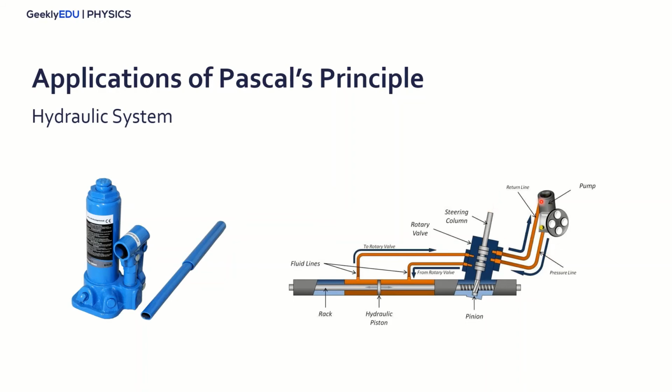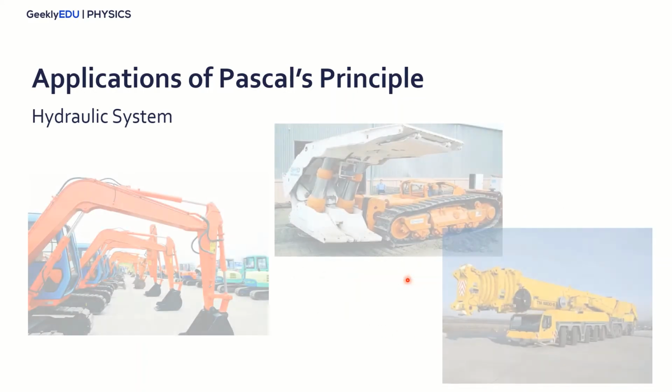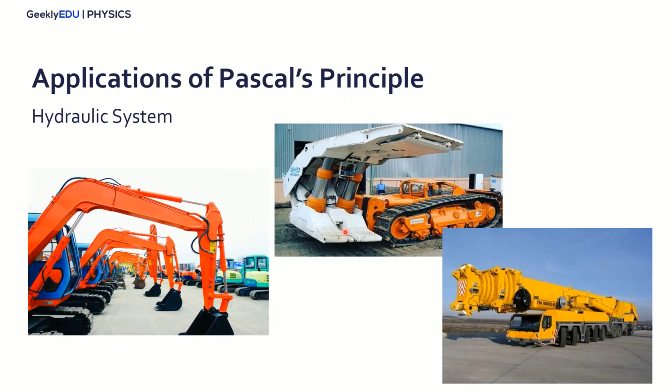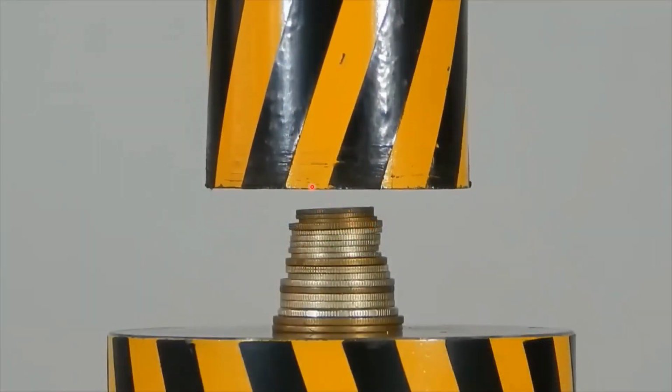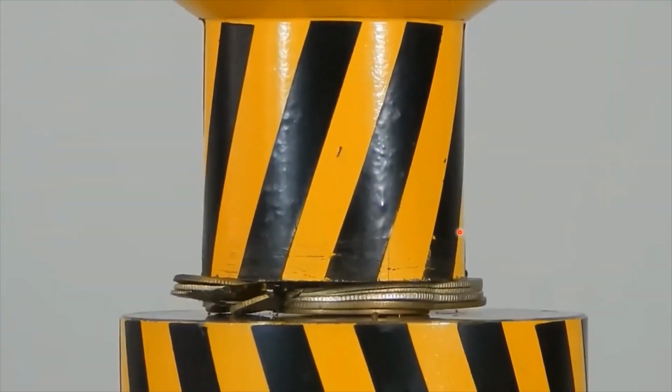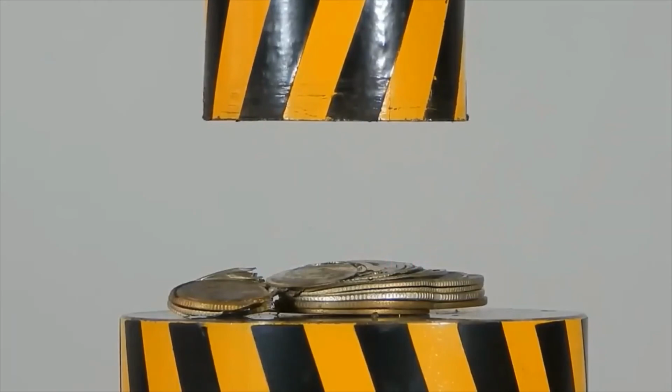So note that we have small tubes here, so small areas, and then it goes to a bigger cylinder with a bigger area. So all the hydraulic heavy machinery that we have uses this Pascal's principle to lift heavy things, okay? And that's also the same principle we have in those hydraulic presses that we see in those very pleasant videos, right? That's exactly the same principle.